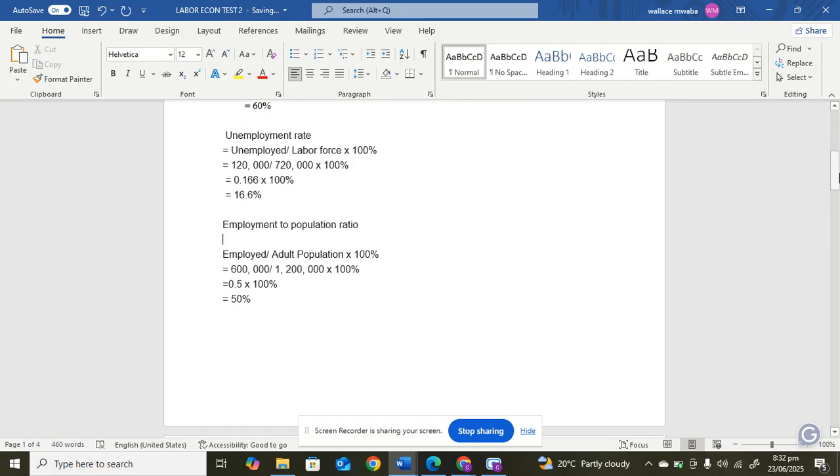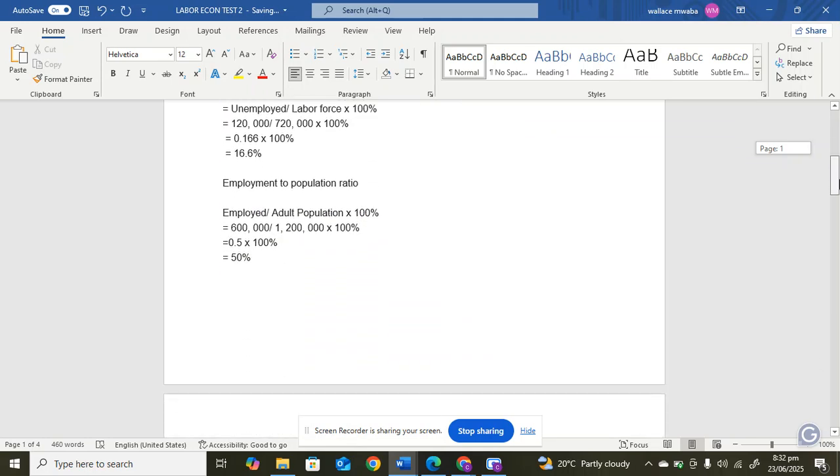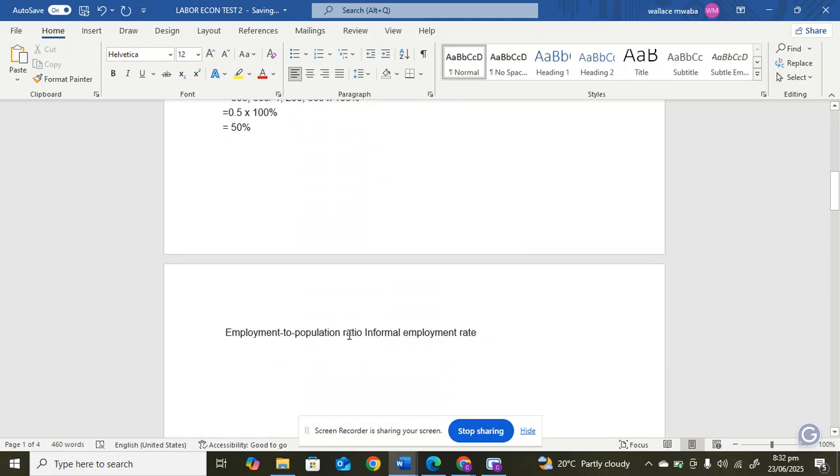Then finally, we have to find the informal employment rate. The informal employment rate is just the informally employed divided by the number of employed people times 100%.